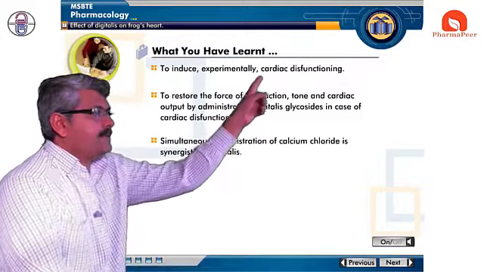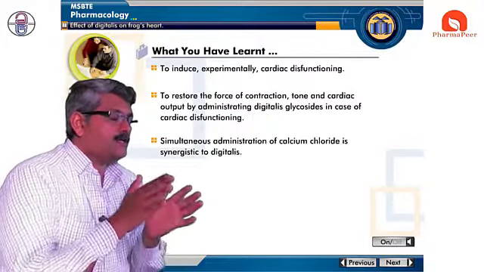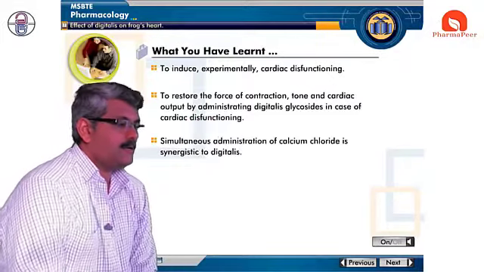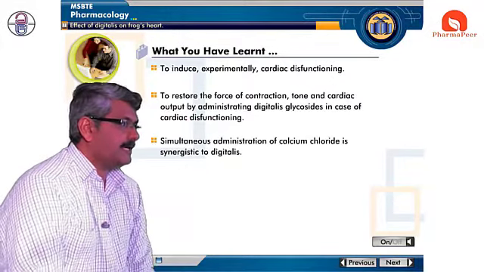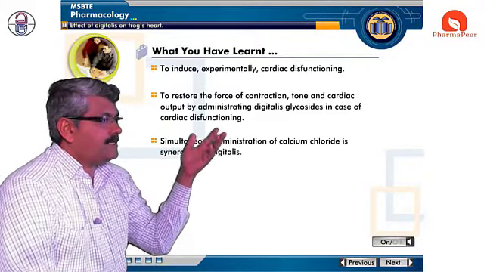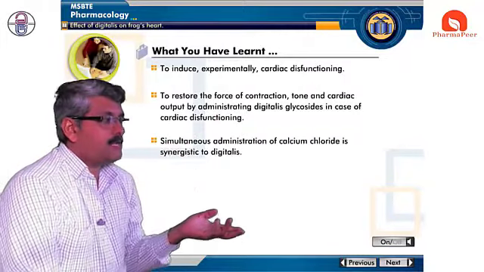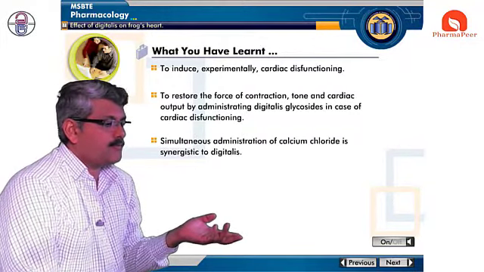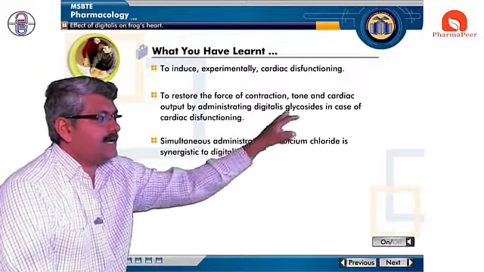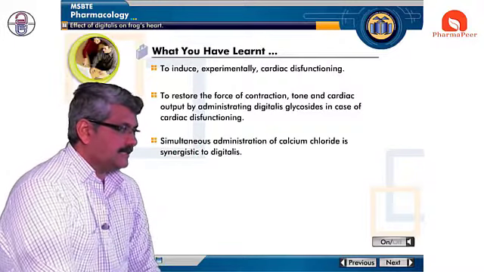To induce experimentally cardiac dysfunctioning in the laboratory, we convert the normal heart into the hypodynamic state. That is one of the experimental dysfunctionings of the cardiac activity. Second, as we have created a hypodynamic state heart, again we convert this hypodynamic heart into normal by increasing its force of contraction, tone, and cardiac output, definitely with the help of digitalis.